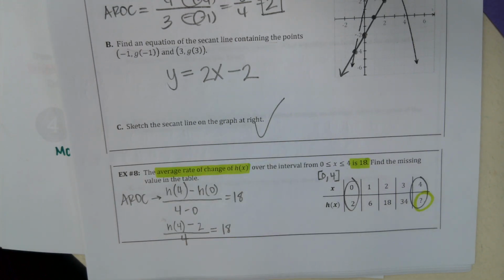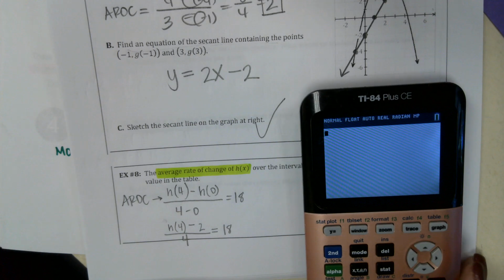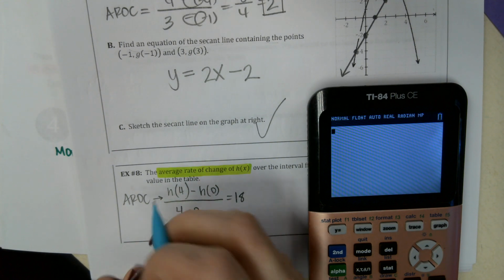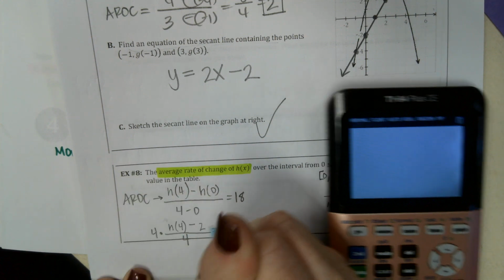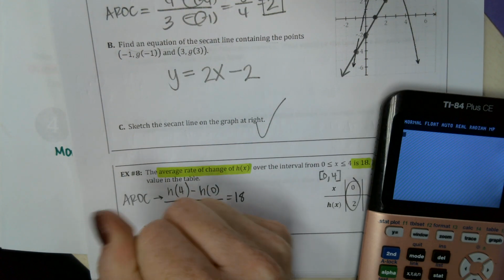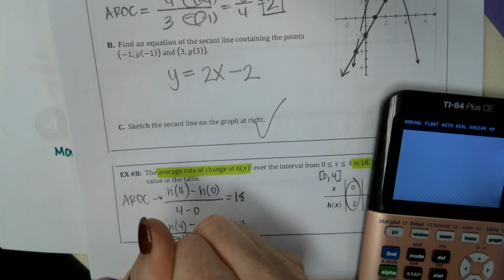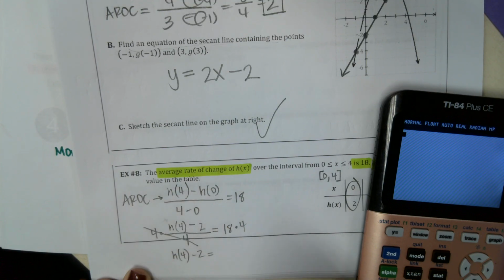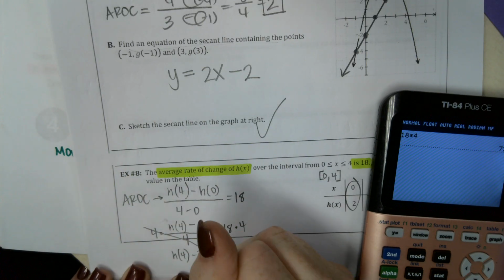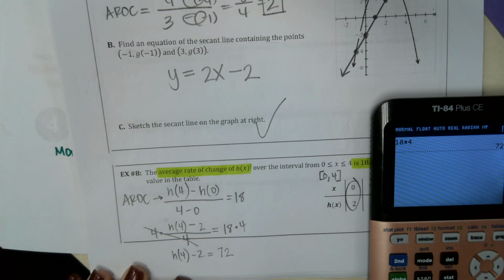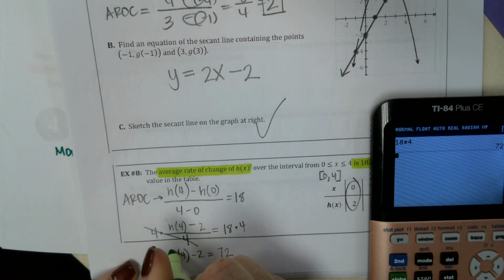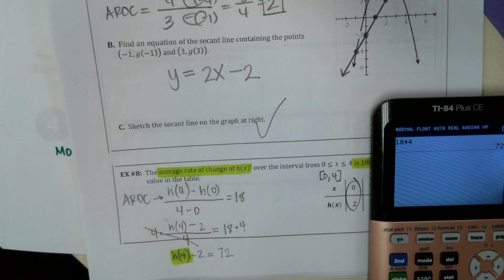All right. Question, how do I get rid of division? Multiplication. So if I want to get rid of division by 4, I'm going to multiply both sides by 4. Okay, that leaves me with h of 4 minus 2 is equal to 18 times 4 is 72. And if I'm trying to solve for h of 4, if that's my goal, what do I need to do?